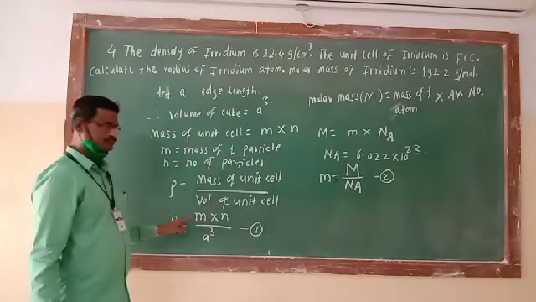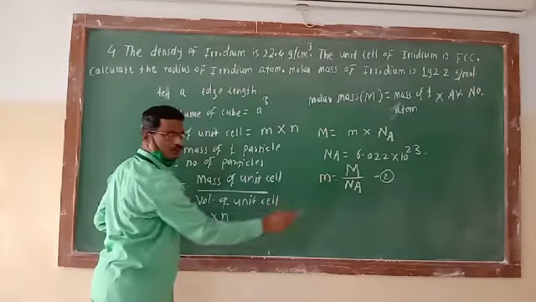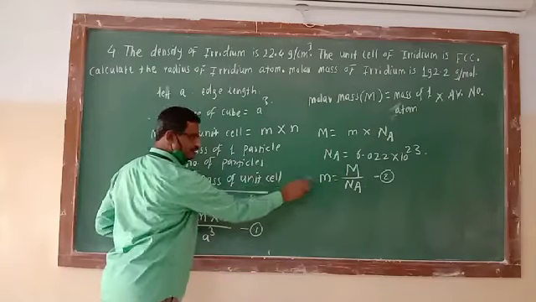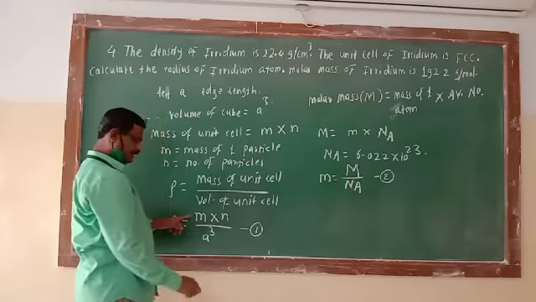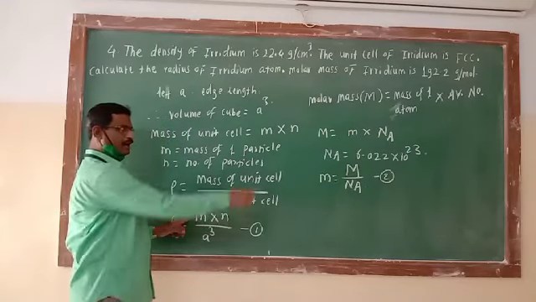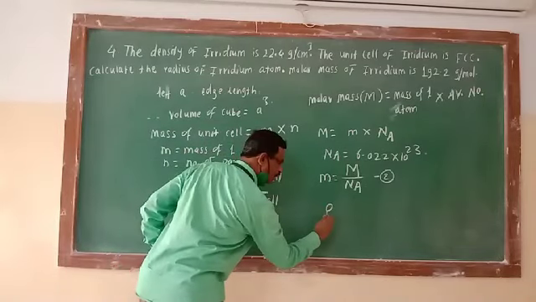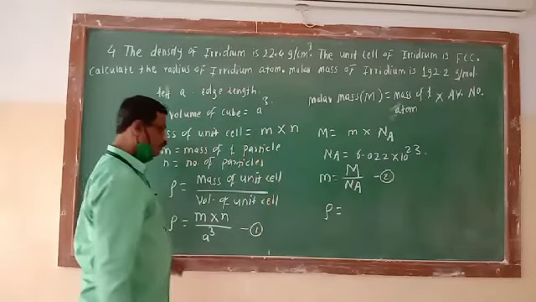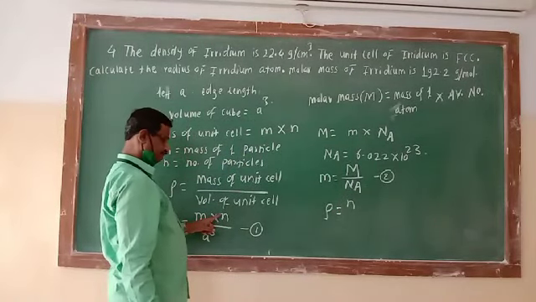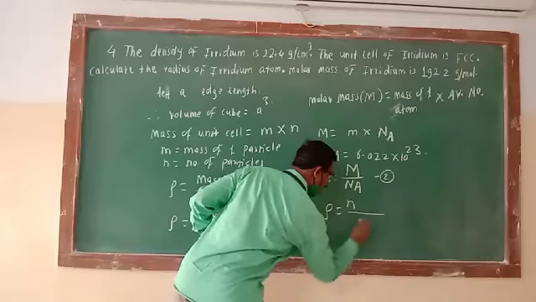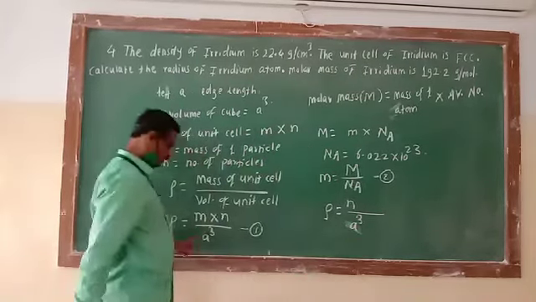Substituting for m in equation 1 from equation 2, we know small m equals capital M upon Na. If we replace m by capital M upon Na, we will get rho, density, equal to small m divided by V, that is A cube.